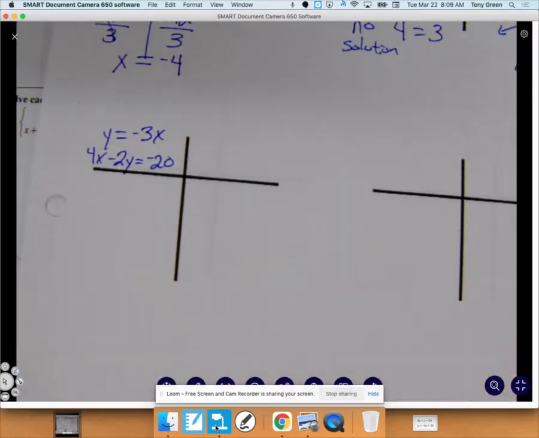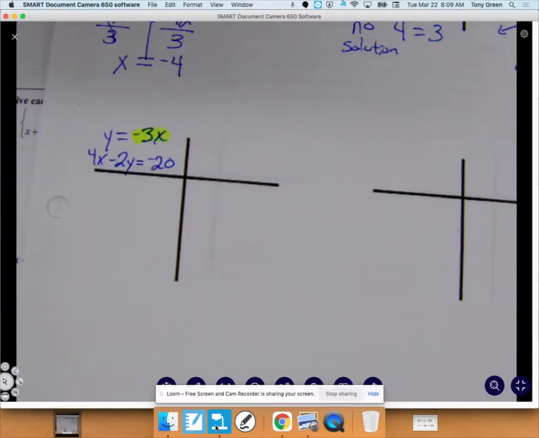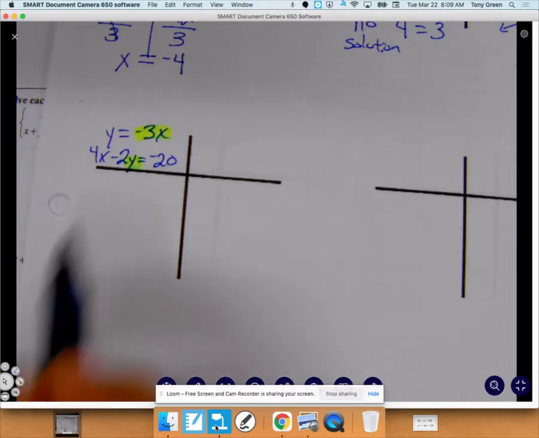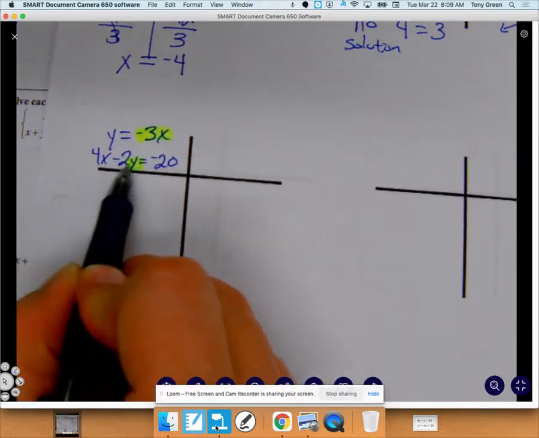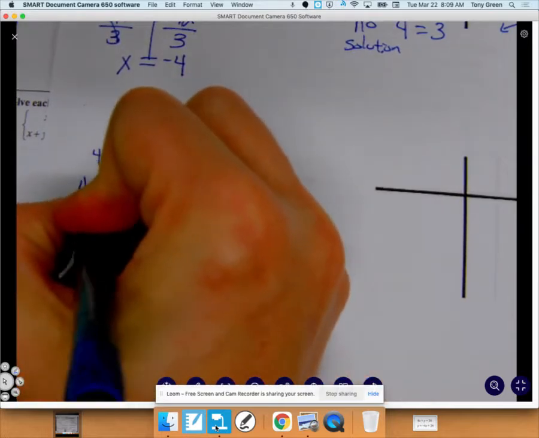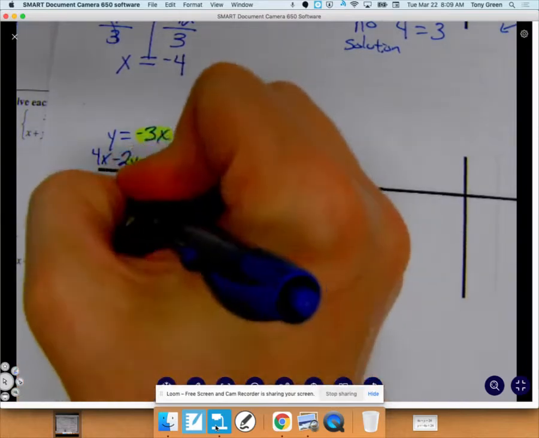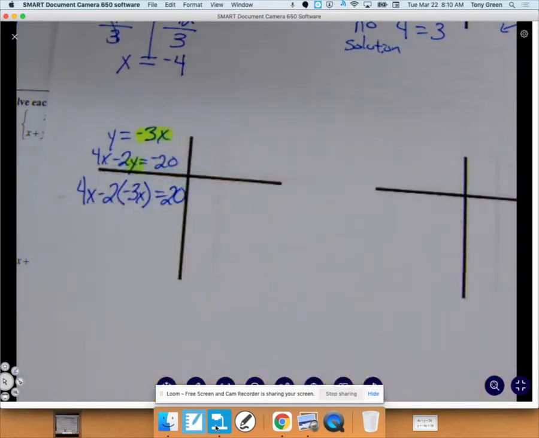So we have a small clue that y is negative 3x. So if we look in our other equation, we have a y. So we know we can substitute in for that y. Y is negative 3x. So we're going to rewrite this equation, but instead of y, we're going to write negative 3x. So 4x minus 2, and then parentheses for the y. Y is negative 3x. That equals 20.